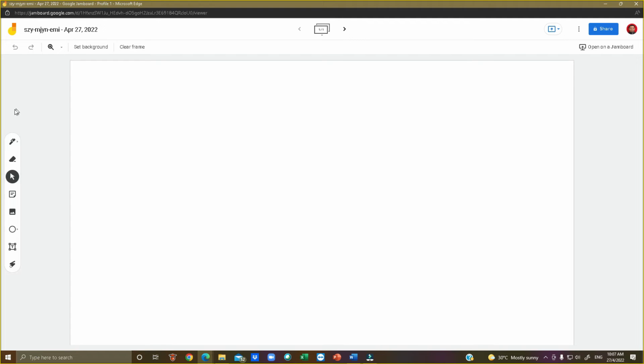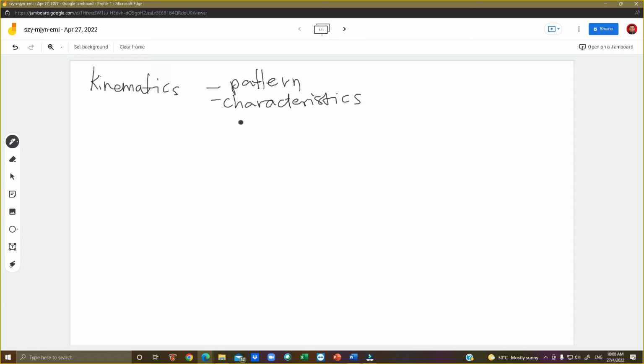Okay, first things first, when we talk about kinematics, it tells you about pattern. Okay, pattern of movement. Apa lagi? Characteristic of movement. Apa lagi? Pattern, characteristic, motion. Movement lah.